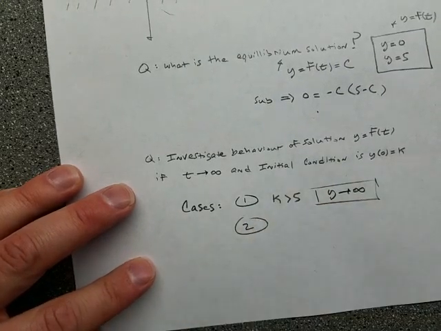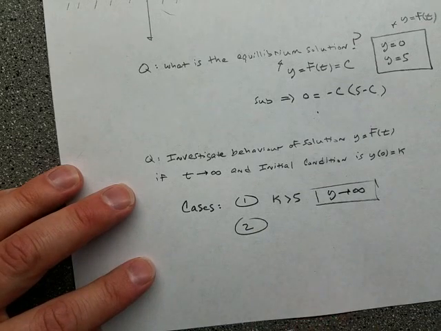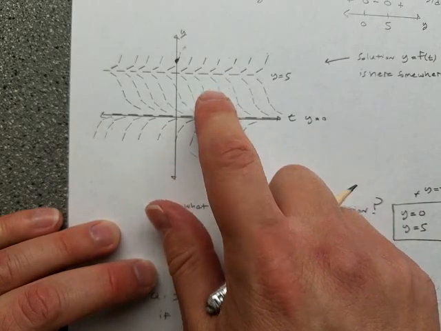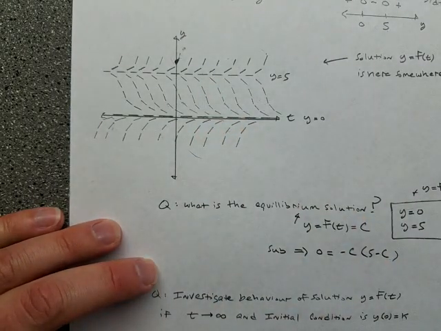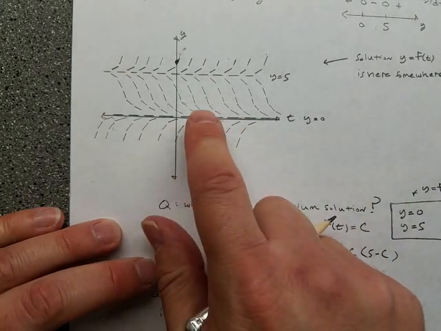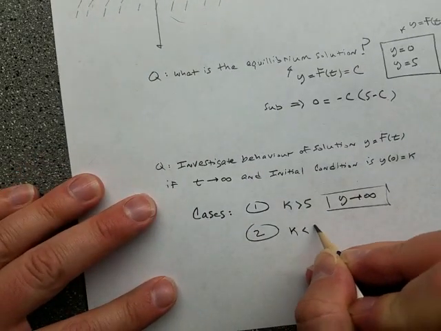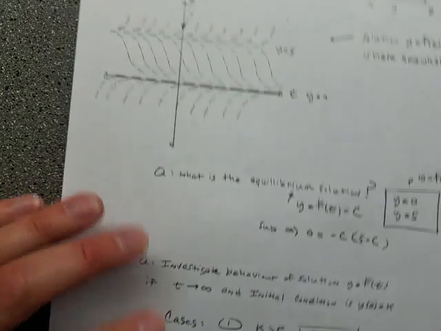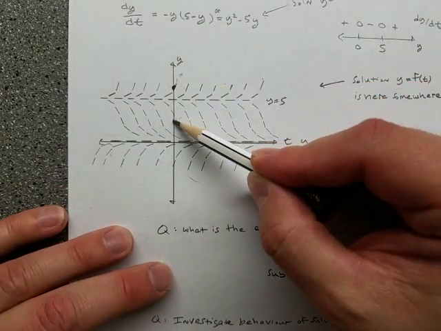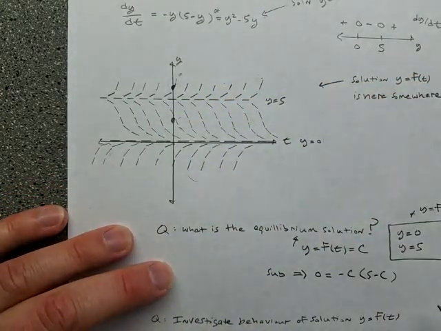Okay, so the other case, suppose k was less than 5, if k was between 0 and 5 or just less than 0. What if you found yourself at some initial condition that put you there?